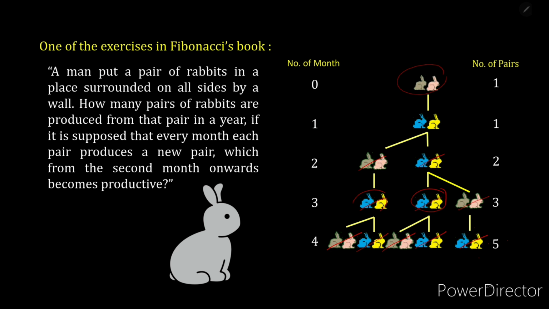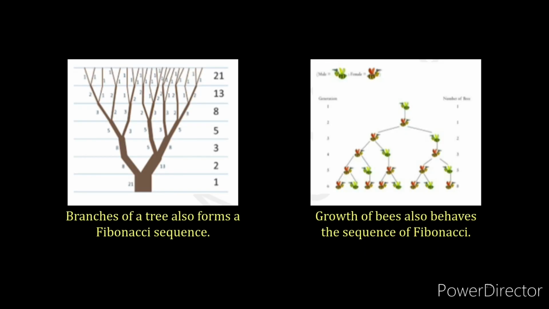Now, kung mapapansin natin, yung number of pairs after certain months ay nagpo-produce ng Fibonacci sequence or Fibonacci numbers. And yan ay totoo sa iba pang lahi ng mga hayop or insekto katulad ng bubuyog. So, yung paglago ng kanilang angkan ay may kinalaman din si Fibonacci sequence.